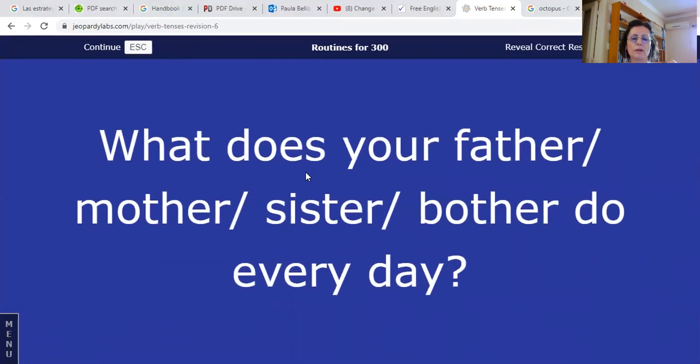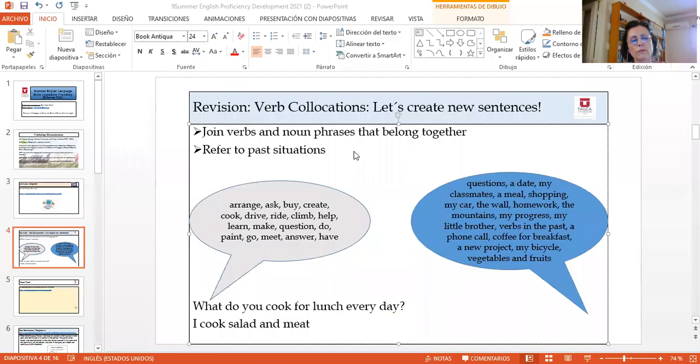What does your father do every day? What does your father do every day? And here we have more verbs. My father work. My father works.